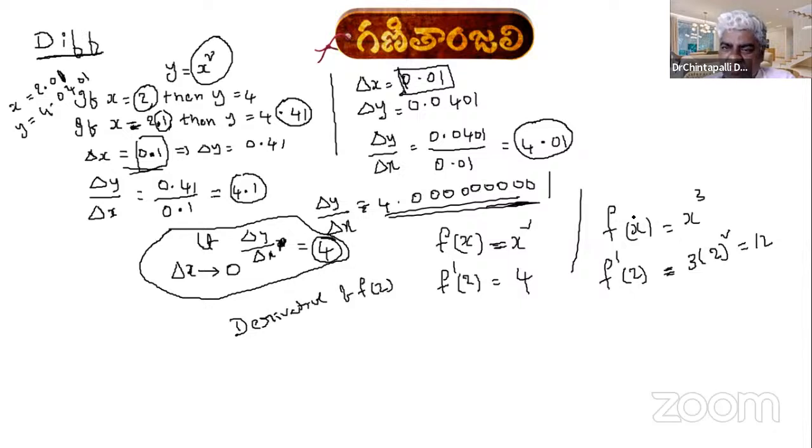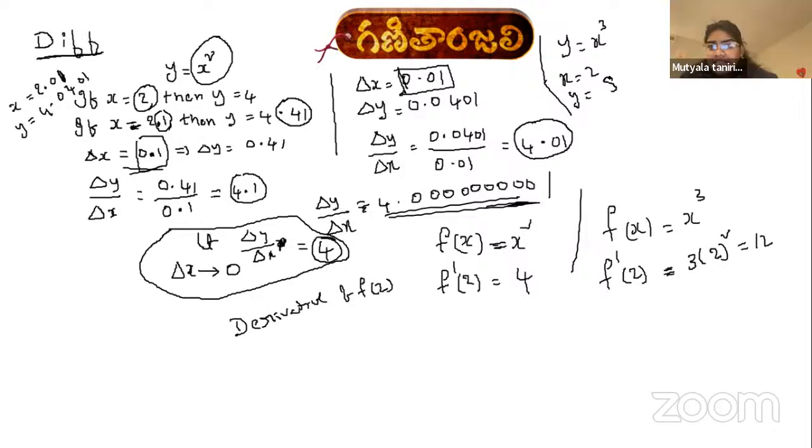Let's take one value. If y is equal to x cube, then what is y when x is 2? y equals 8. Very good.